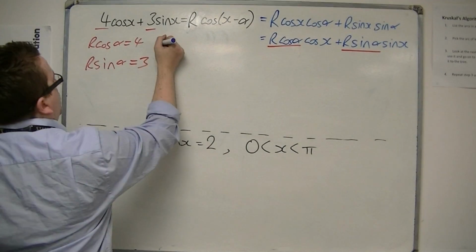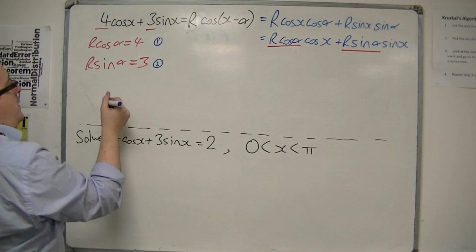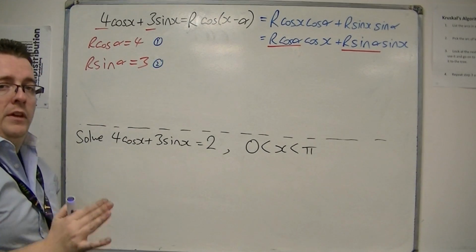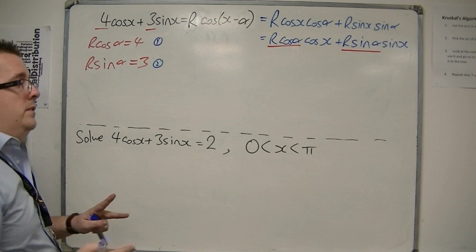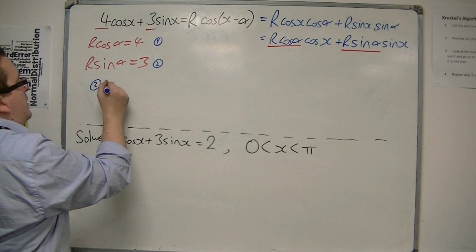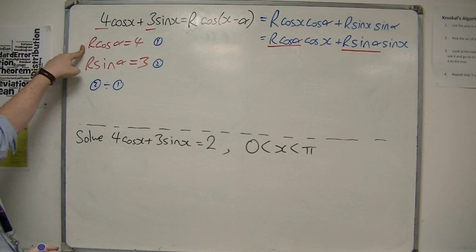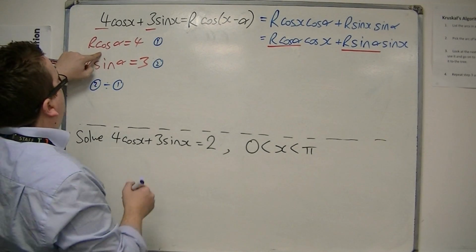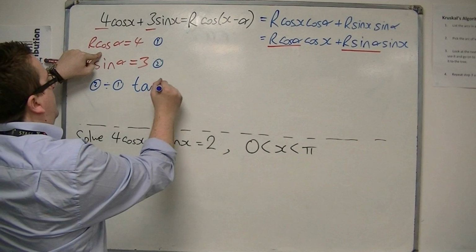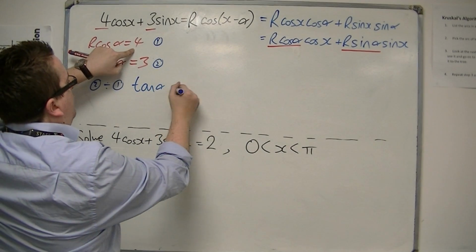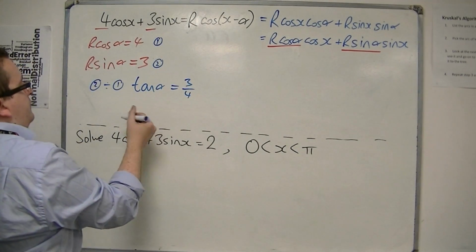So if I call that equation 1 and that equation 2, then I can eliminate the r's, allowing us to find alpha by doing equation 2 divided by equation 1. r divided by r is 1. Sine alpha divided by cos alpha is tan alpha, and 3 divided by 4 is 3/4.